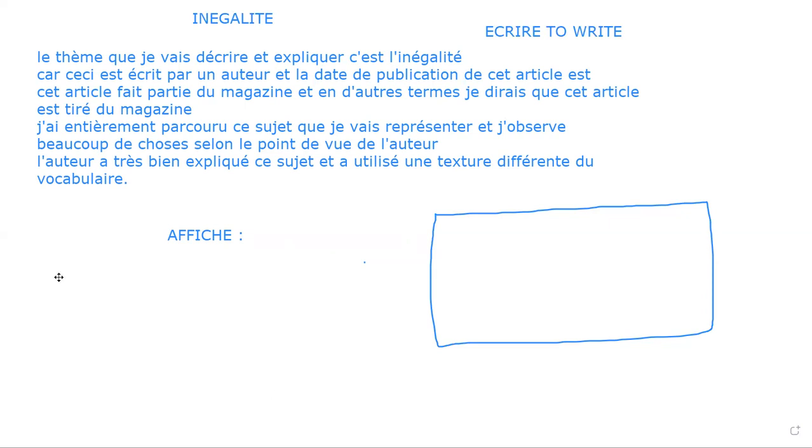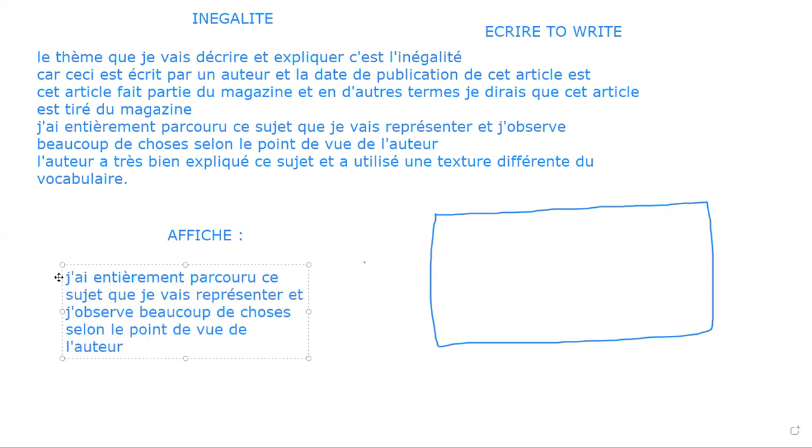Then you will say, j'ai entièrement parcouru ce sujet que je vais représenter et j'observe beaucoup de choses selon le point de vue de l'auteur. Now, répétez après moi. This is how we can start a topic, my teammates.